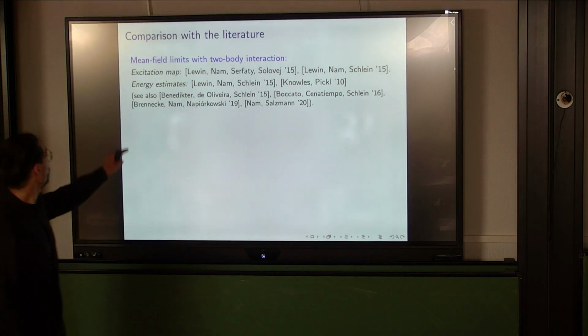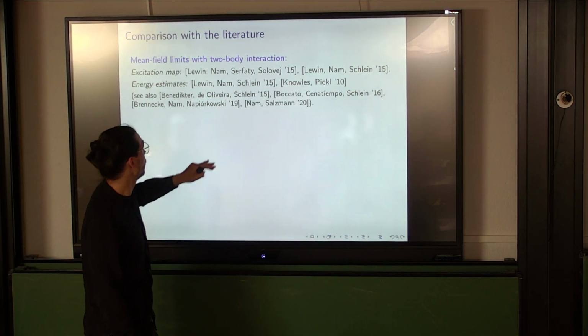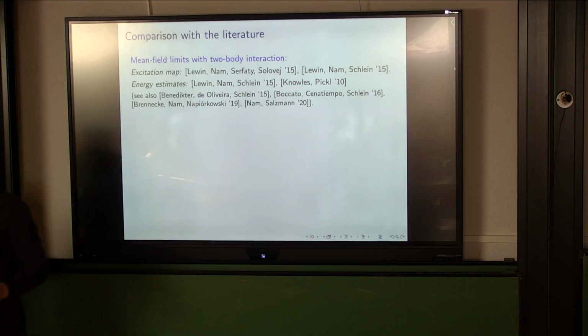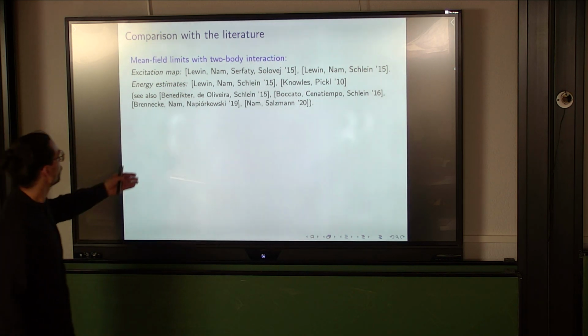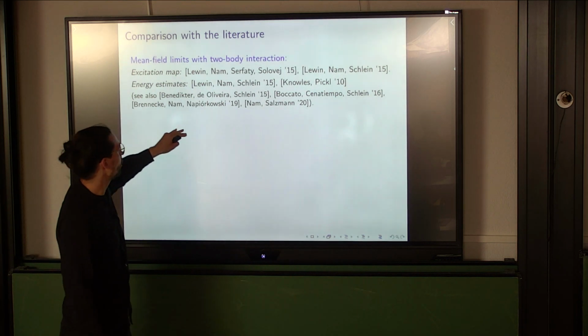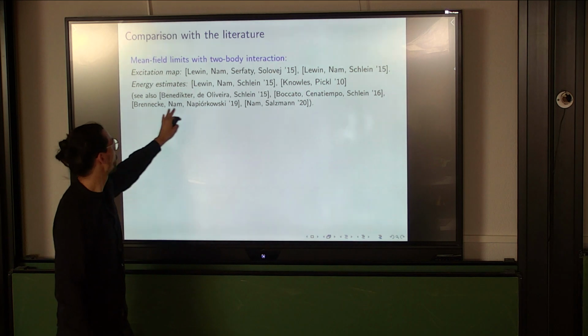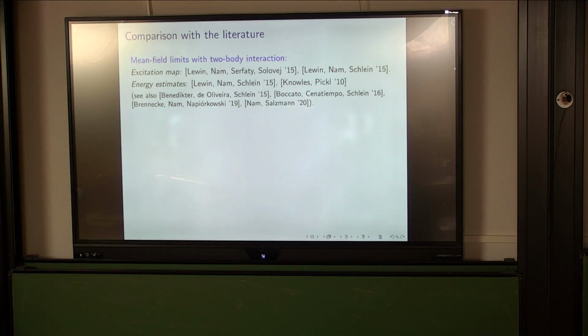And then we also use energy estimates in the spirit of this paper, but for the reduced density matrix, we have to combine them with energy estimates of the 2010 paper of Antti Knowles and Peter Pickl. And these energy estimates, to my understanding, were previously used in these works, and later also in these works, and probably in many more works.